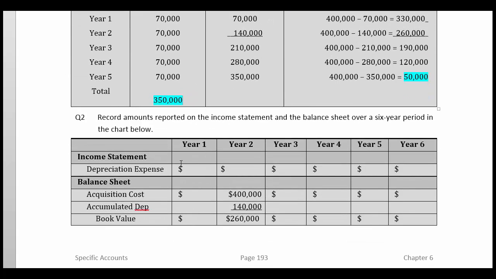So there's a little chart here you can fill out each year. Try it out now. Fill it out and then we'll do it together. All right, you got it? Depreciation expense each year is 70,000.